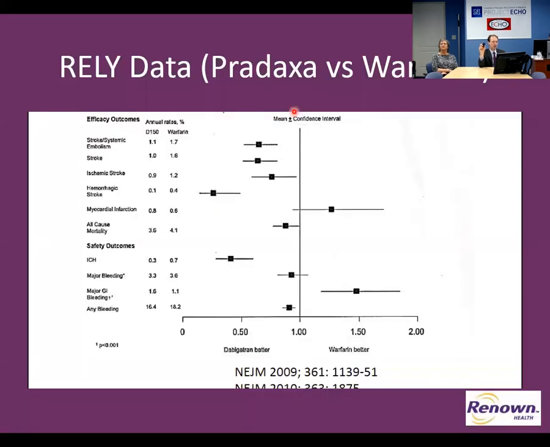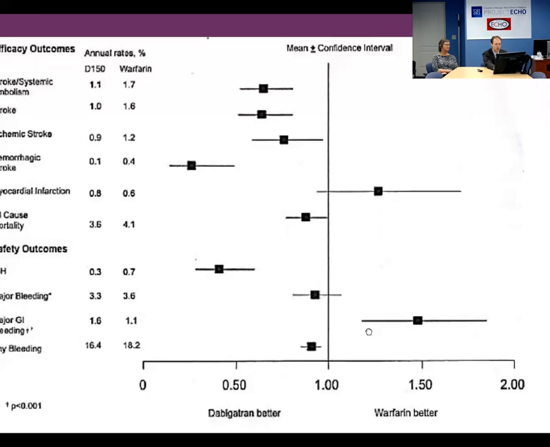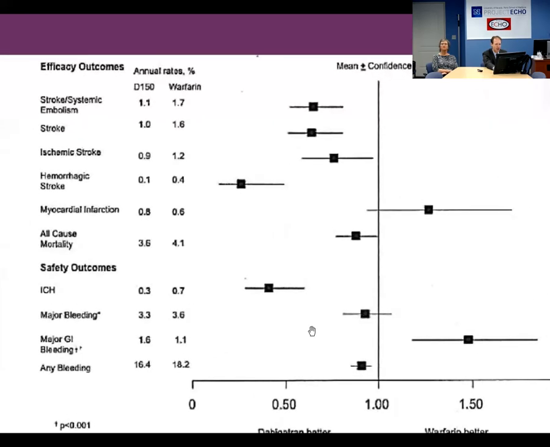So, okay, the RE-LY trial compared Pradaxa or dabigatran to warfarin, and there was a little less bleeding in general, as you can see at the bottom of this box and whisker plot.